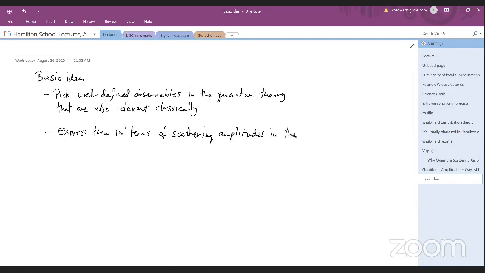And once one has expressed them in terms of scattering amplitudes in the quantum theory, then we're going to understand how to take the classical limit efficiently.